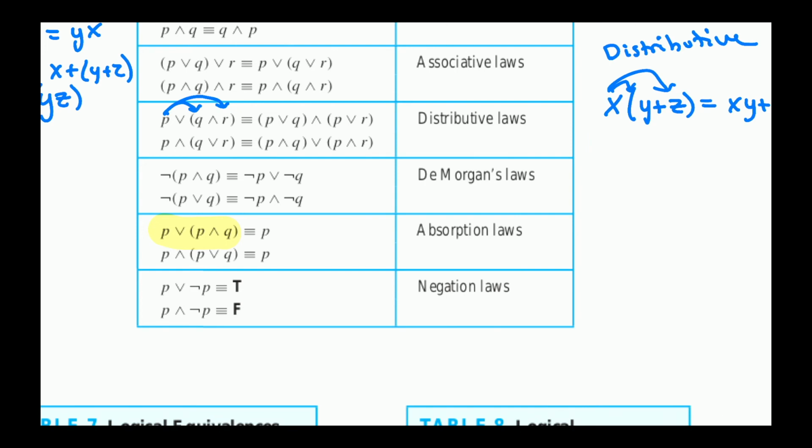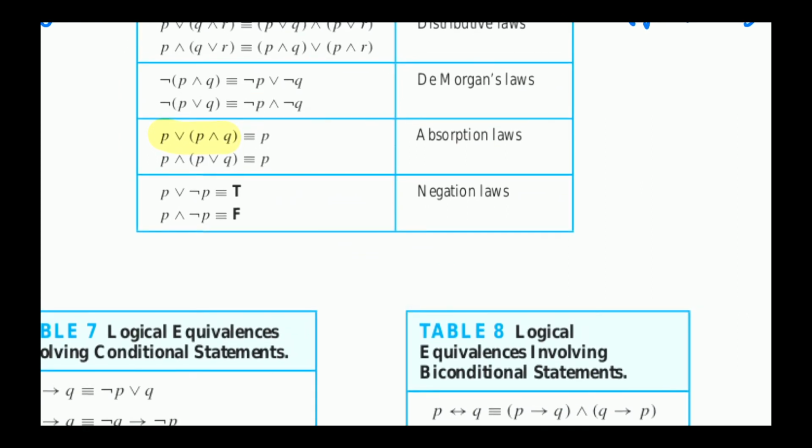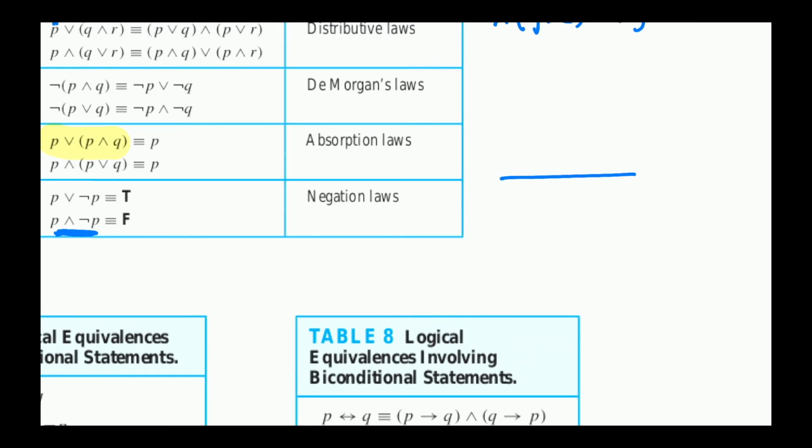So there you go. And then we have negation laws. Those are weird. They're not actually weird. They're very simple. But the idea here is when you're doing an and, you have to have two truths. Well, if you look at the truth table, if you have P, not P, and then you do P and not P, actually let's do P or not P as well.